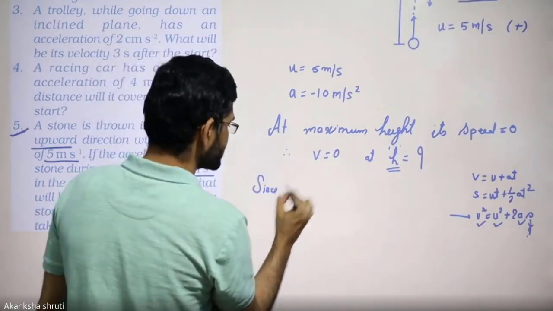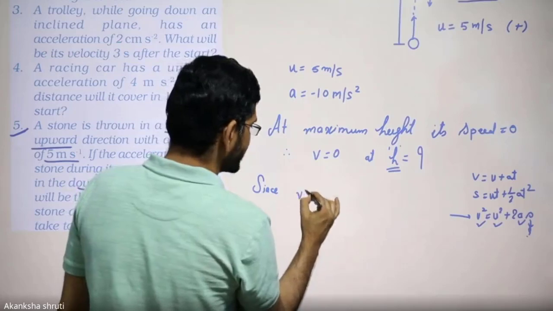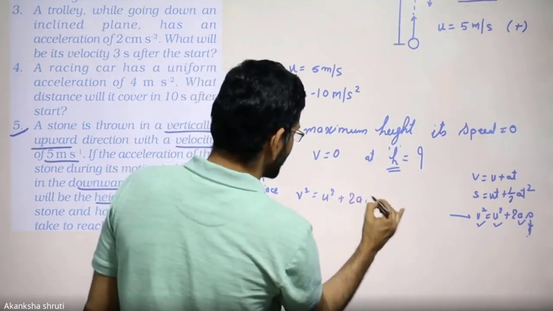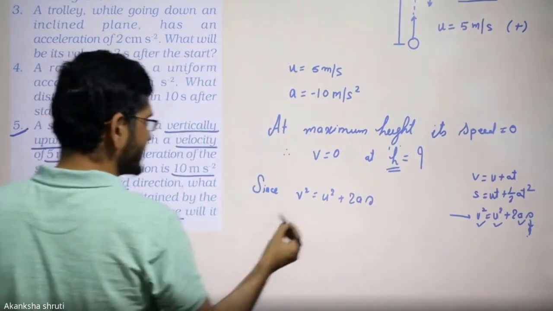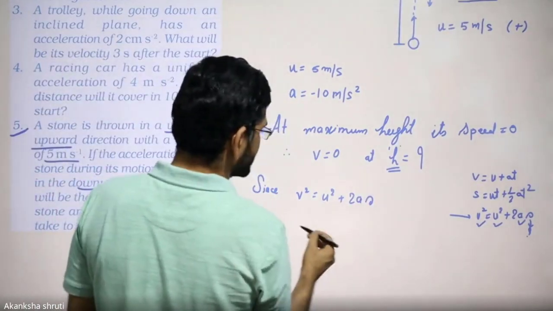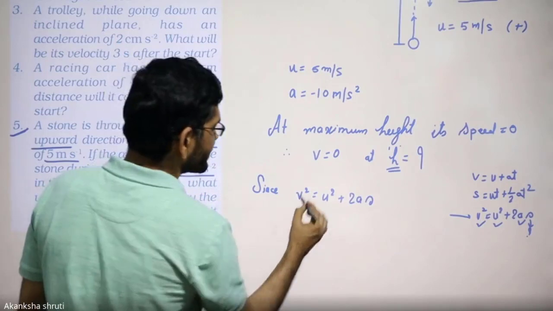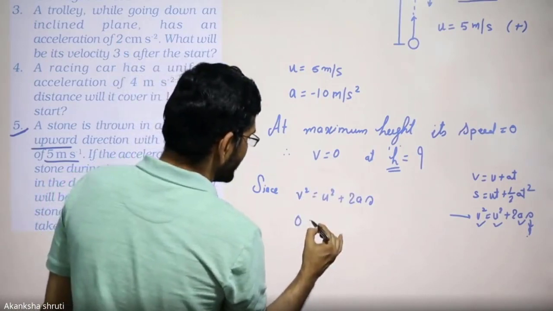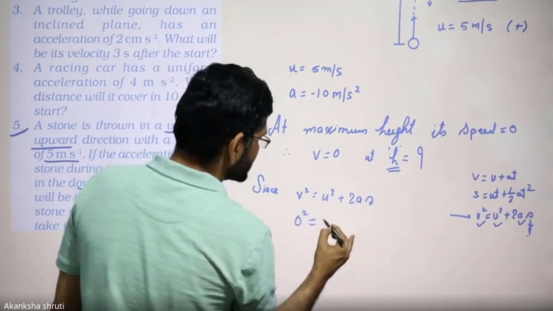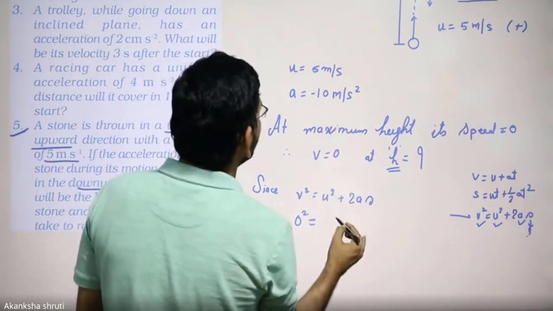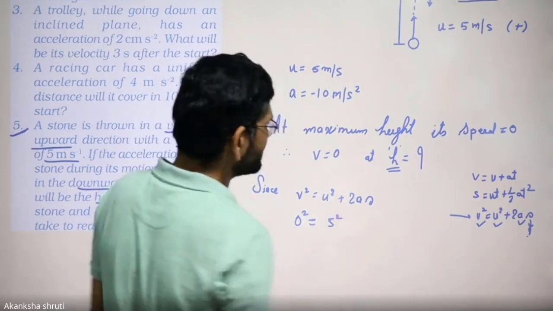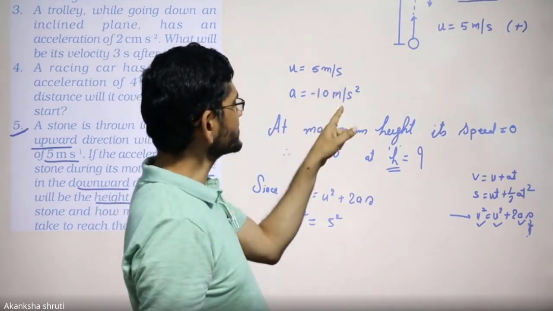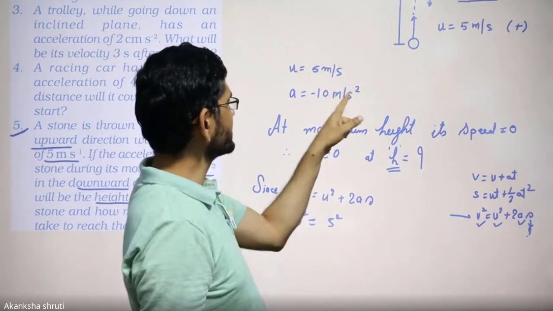Since by the third kinematic equation, v square is equal to u square plus 2as, or student you may write directly 2as is equal to v square minus u square, in any form you may remember. So substitute this at maximum height. v is 0, so 0 square is equal to u is given as 5. Student, keep in mind, we have already confirmed the unit is consistent, like meter per second squared.